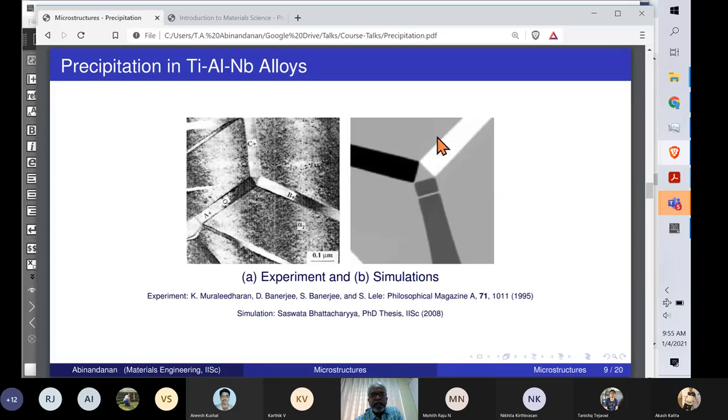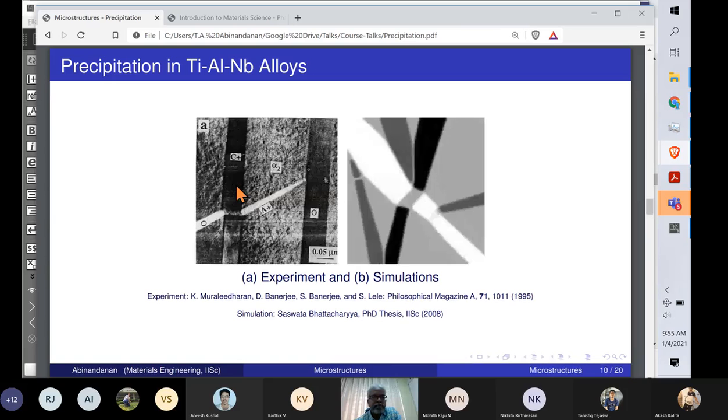And of course, those circumstances in simulations were created to mimic what happens in the real alloy. And when we saw this, we were quite thrilled that at least our understanding is on a firm footing. And of course, real alloys have several other complicating factors which we did not explore. That's a different story altogether. But the microstructure itself is visually quite pleasing.